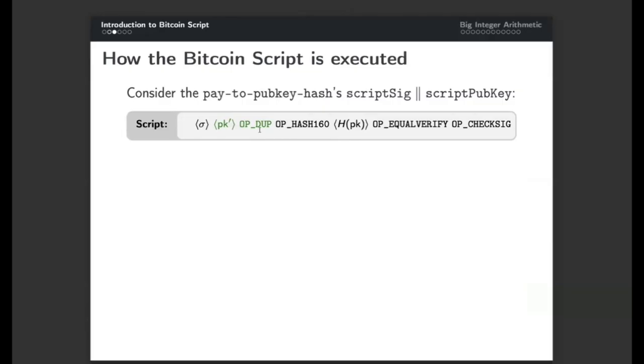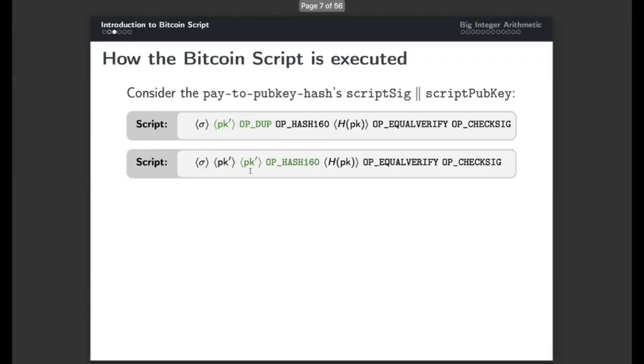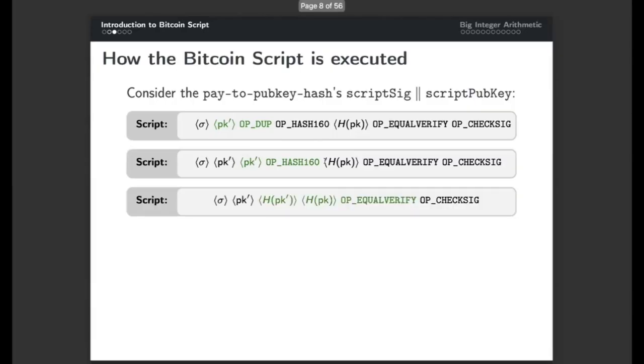Let's see how the script gets executed. First we add the signature and the public key to the stack, then using opcodes, using OP_DUP, for example, you duplicate the public key, which lies on top of the stack. Then you hash it using the HASH160 function, this opcode right here.